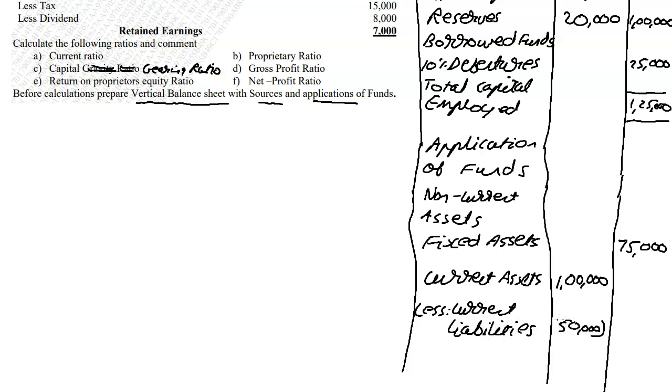Okay, remember it's negative, so we write it in brackets. So we end up with 50,000 outside, and we add that to 75,000 and get the same total, which is 1,25,000. So our balance sheet tallies. Again we can have total capital employed or total funds utilized. Either way, it doesn't matter.